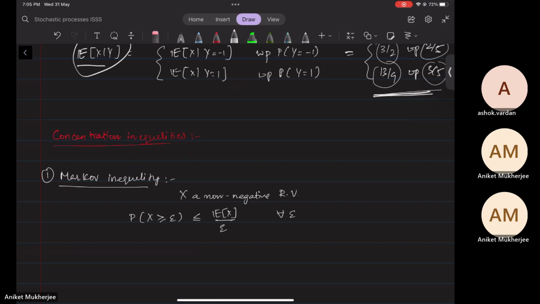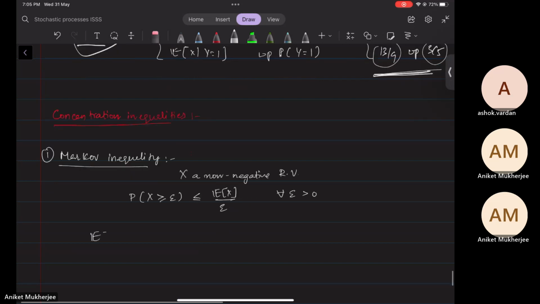This is for all epsilon greater than 0. Okay, so how do you show this? Expectation of x equal to expectation of x into indicator x less than or equal to epsilon plus expectation of x into indicator x greater than epsilon.